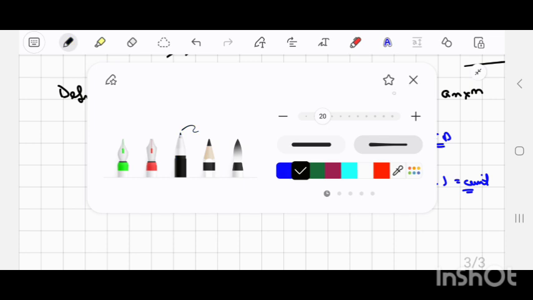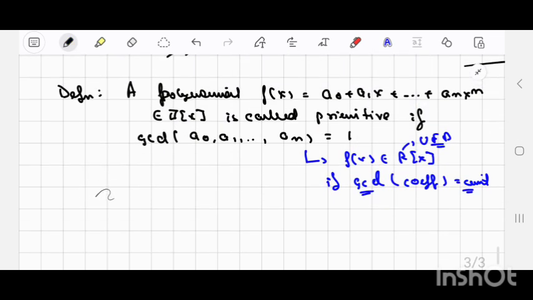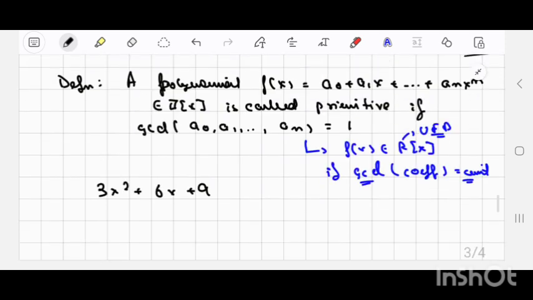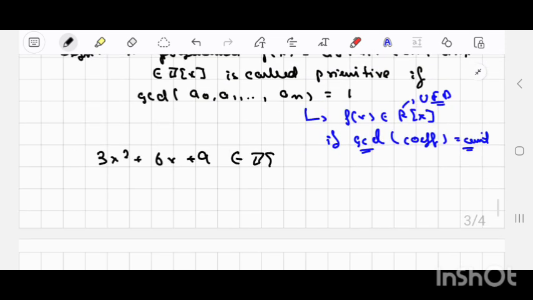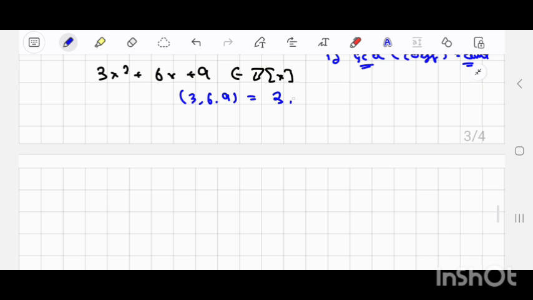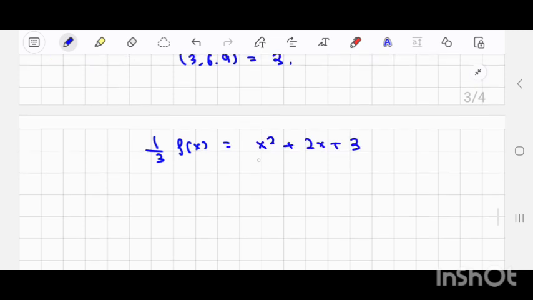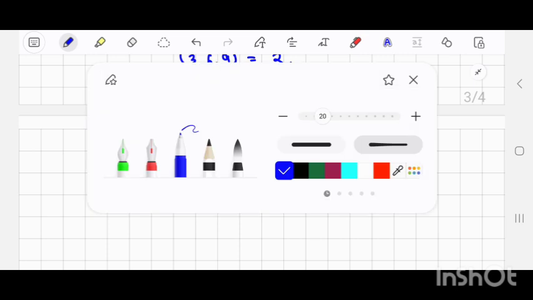Now observe the following. Choose this polynomial in Z[x], let's say 3x^2 + 6x + 9. What is the GCD of its coefficients? It's 3, right? So the GCD of 3, 6 and 9 is 3. But what if I divide it by 3? Let this polynomial be f(x). Then 1/3 f(x) is x^2 + 2x + 3, and clearly this is a primitive polynomial, and the leading coefficient is 1.